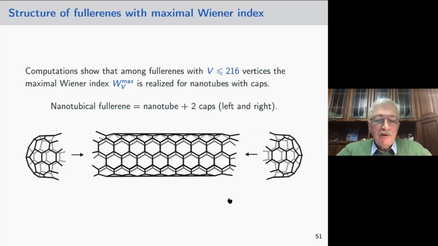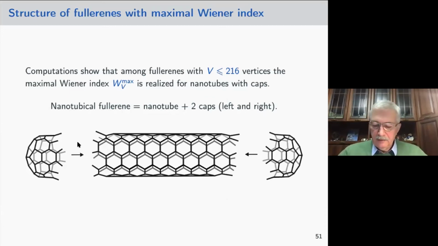During our calculations, we calculated the Wiener index for this big amount of fullerenes, up to 260 vertices, and we checked when we get the maximal Wiener index for a fixed number of vertices. And we recognized that these graphs look like a nanotube with two caps on the left and on the right. That was the structure of such graphs.